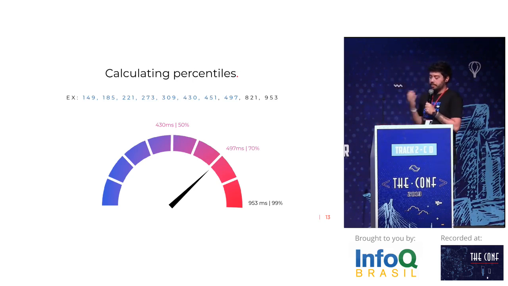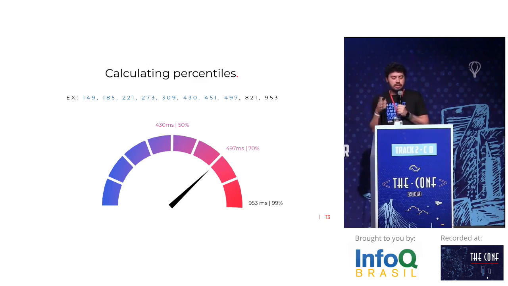I have only 10 numbers because my slide is not so big, and my 8th blue number is 497. We can imagine these numbers as response times for our external dependency.